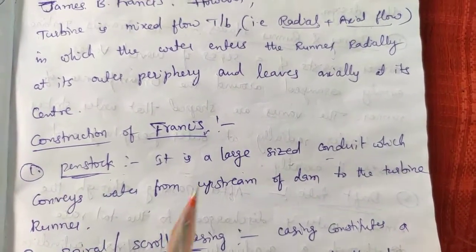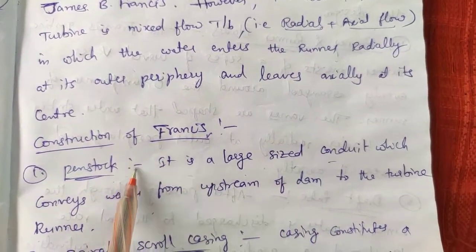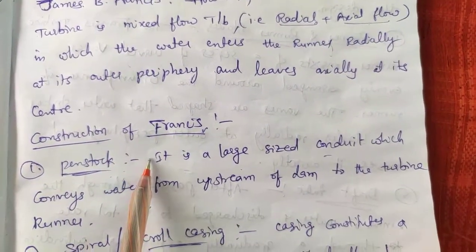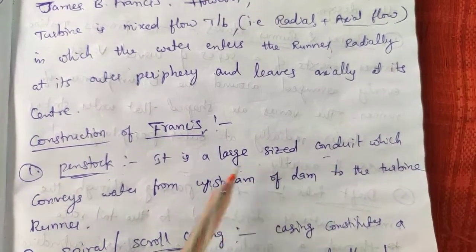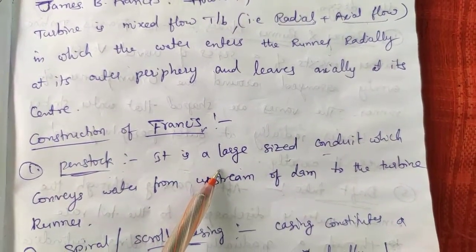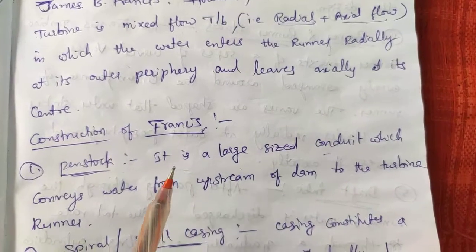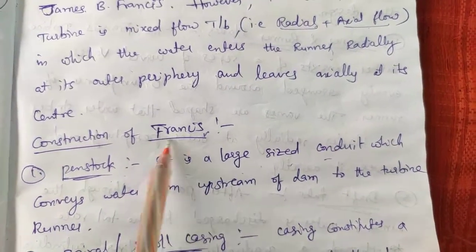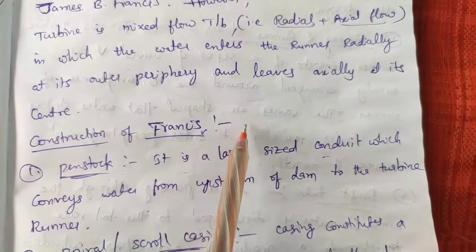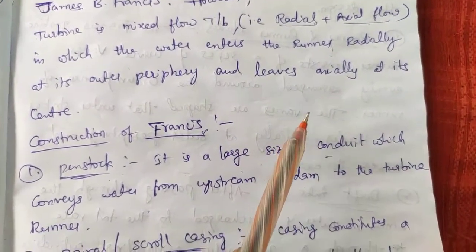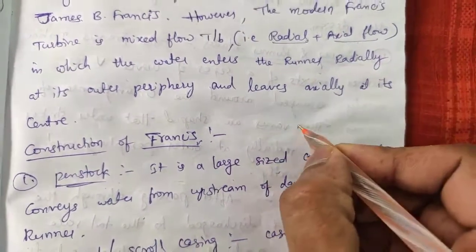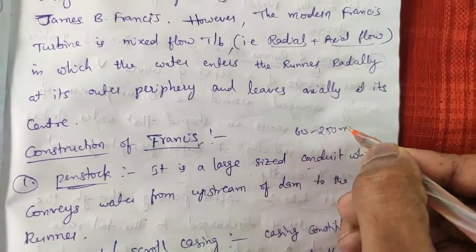Why? Because the impulse turbine, that means the Pelton turbine, runs under high head, so the penstock diameter is small. But this Francis turbine is used for medium range head. That means the head of the turbine is 60 meters to 250 meters.